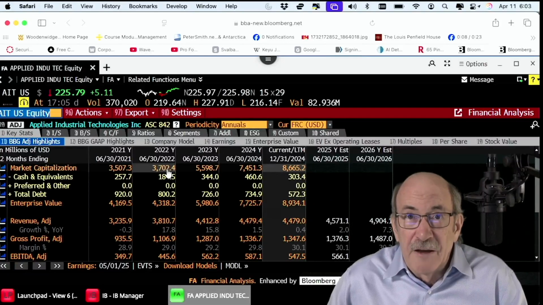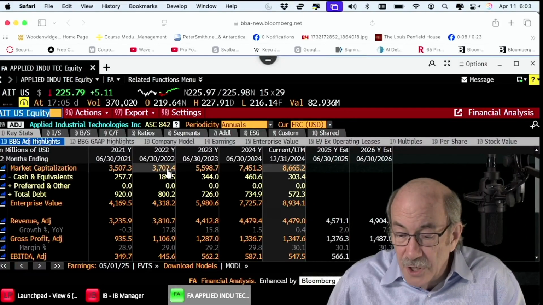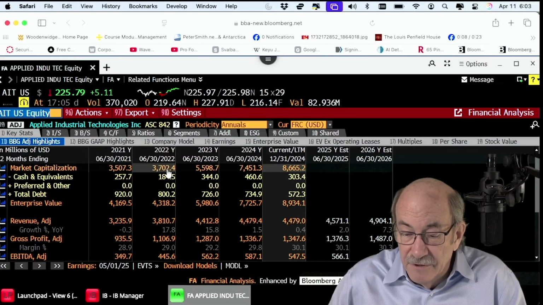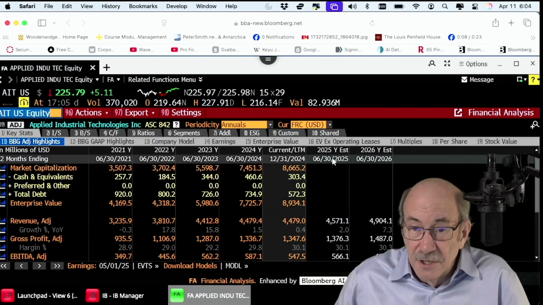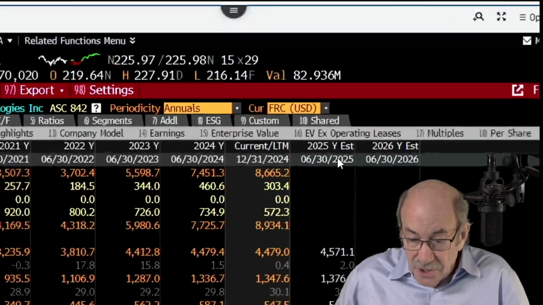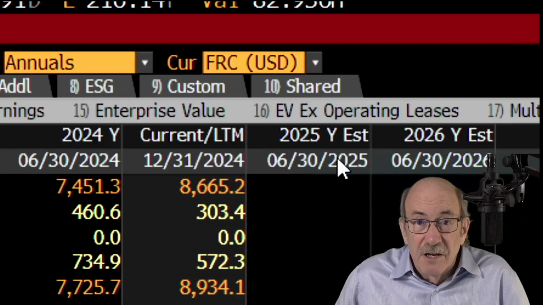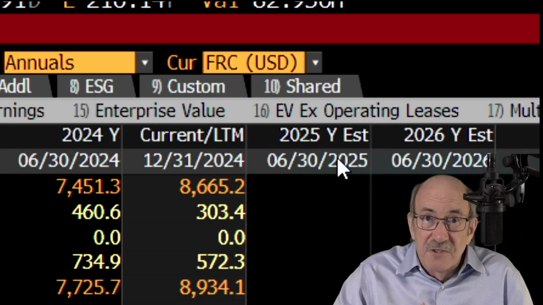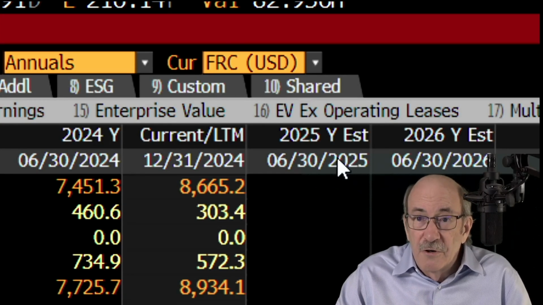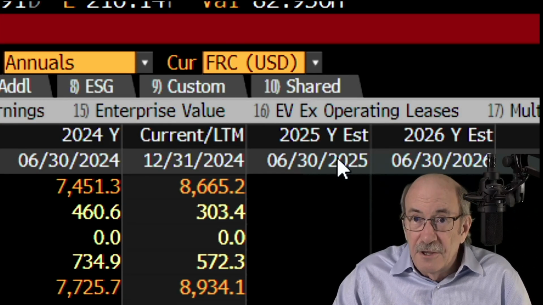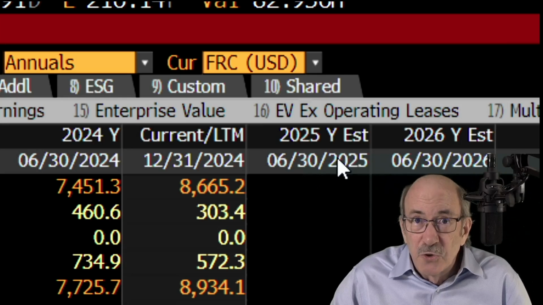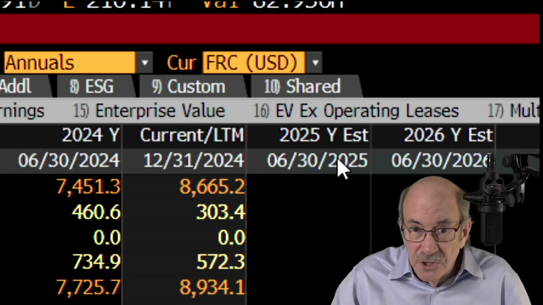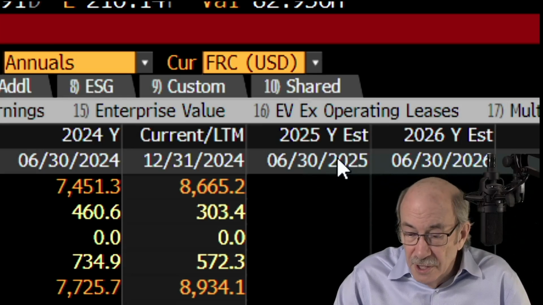We're almost all the way through the 2025 fiscal year, which ends 6/30/25. So we've got essentially the third quarter of the most recent fiscal year in. We're just waiting on that fourth quarter.